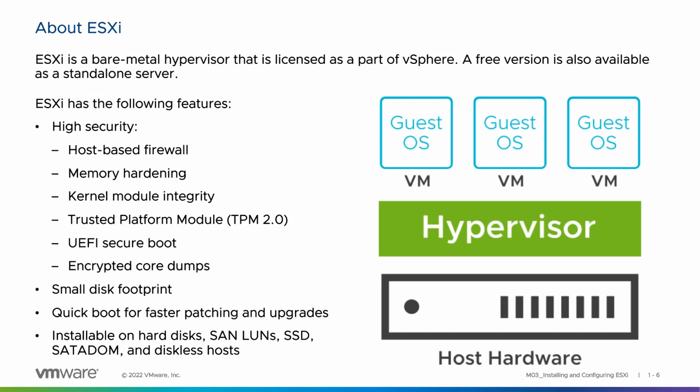Okay, this slide. ESXi, it's a bare metal hypervisor. That means you have to install it onto a blank server. Nothing's virtualized. It installs directly into the hardware. Whereas VirtualBox is not a bare metal hypervisor.